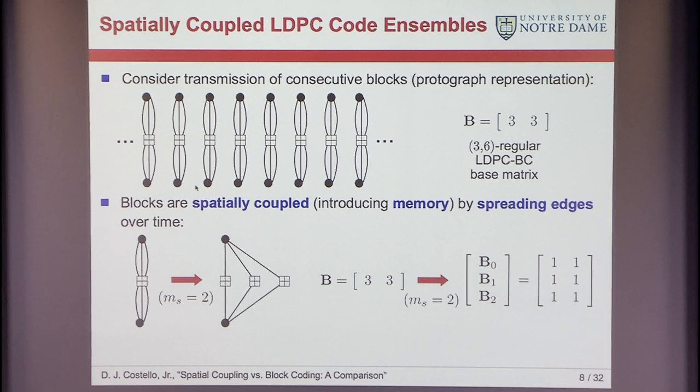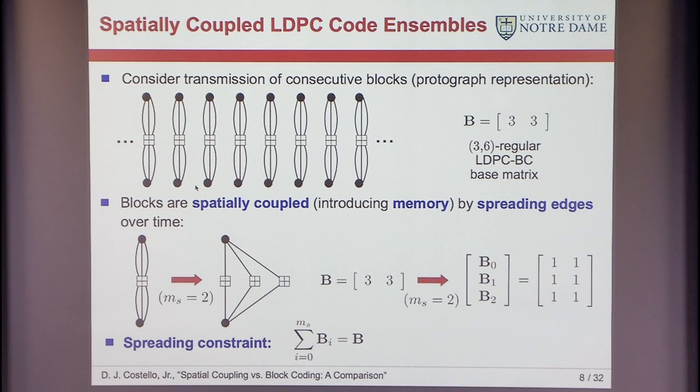And that's equivalent to taking this base matrix B and splitting it up into, in this example, 3 individual submatrices, B0, B1, and B2, all of the same size. And there's a so-called memory associated with this edge spreading of 2, which means we've taken edges from here and jumped over 2 protographs, or connected over to 2 protographs.